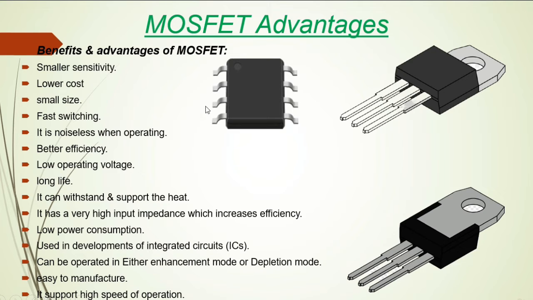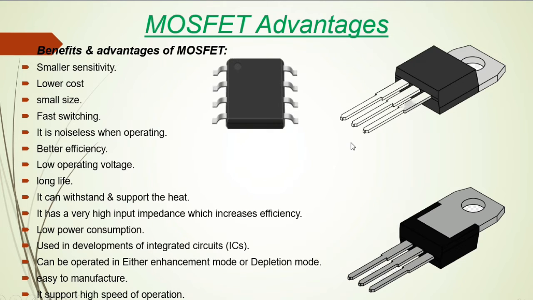As you see, these are some types of MOSFET, but there are other MOSFETs that have a very small size. This type of MOSFET is used in motherboards and in integrated circuits.